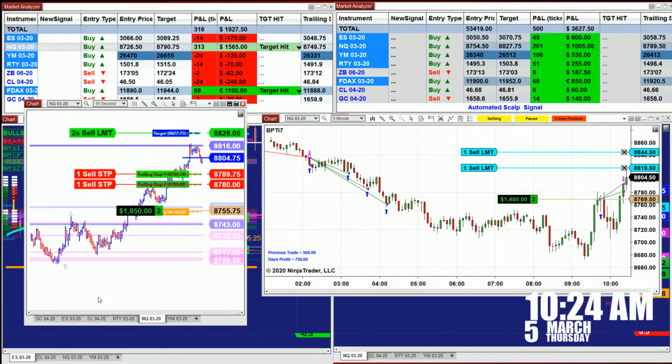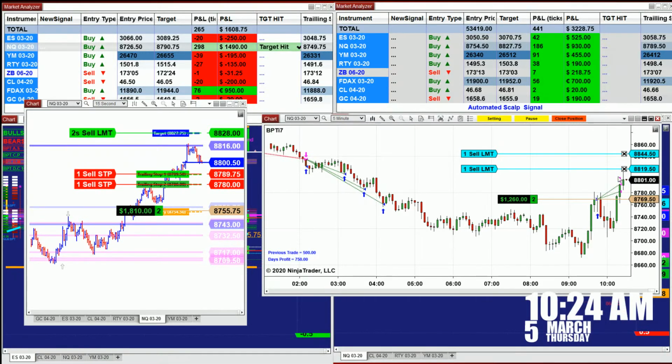I mean, a lot of volatility on the swing trading. Now we can see the Nasdaq on the scalper is gonna either try to retest the 8816, or look at this one here. On the auto trade, we missed the third trade by one tick.